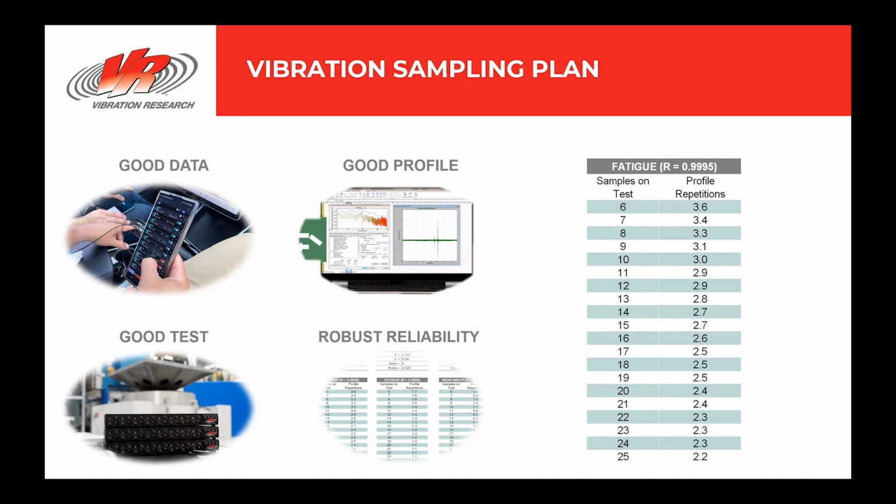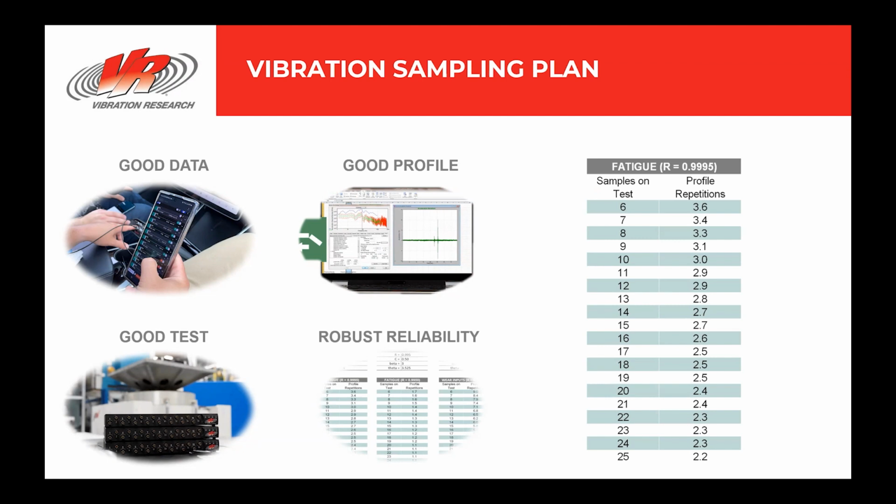Vibration Research ObserView software can then be used with this good data to process the data into a good field correlated vibration test profile with correct frequency content, amplitudes, kurtosis, and duration. The resulting test profile should represent equivalent vibration exposure to one service life of the product, ideally as defined in the product's technical specifications.